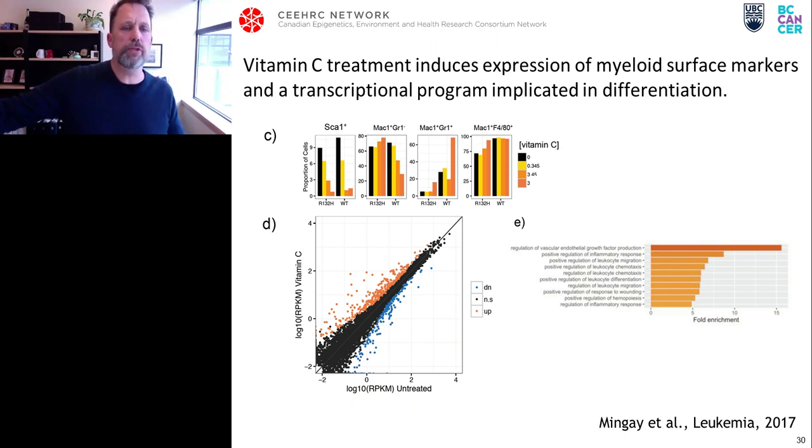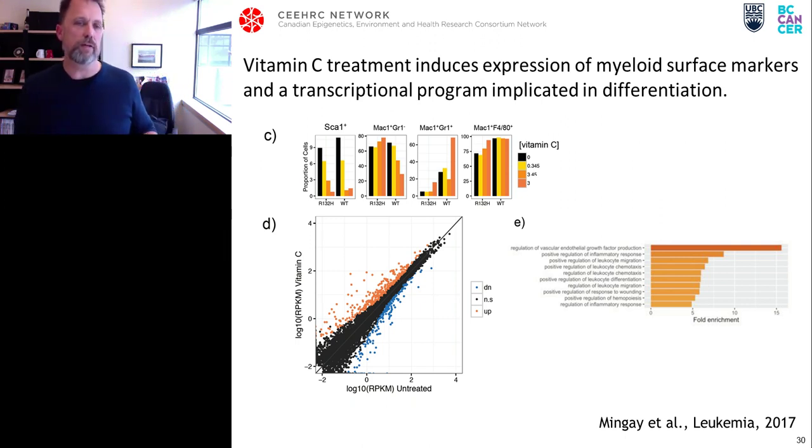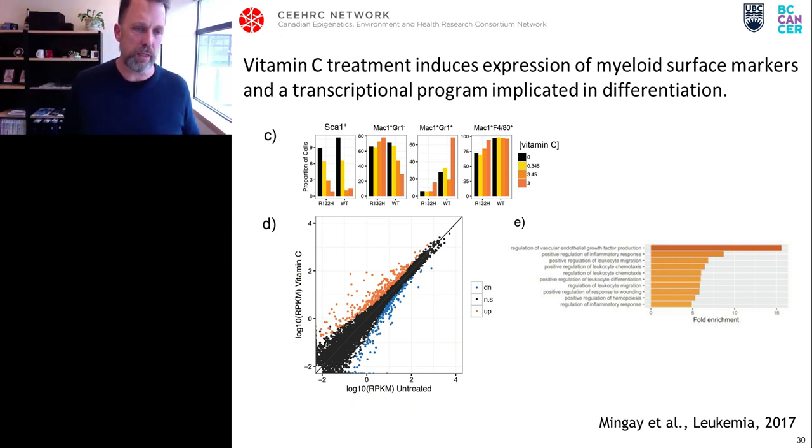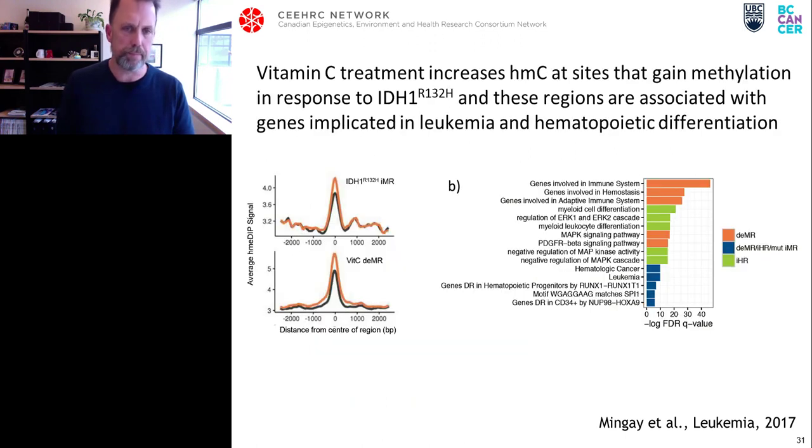In panel D, we show the differential gene expression following vitamin C treatment, and we see a gain of expression, so more genes being expressed as a consequence of vitamin C addition. And when we look at what pathways those upregulated genes fall into, you can see pathways that are highly relevant to differentiation: leukocyte regulation and leukocyte differentiation. Again, suggesting that the addition of vitamin C is specifically driving differentiation of this particular model.